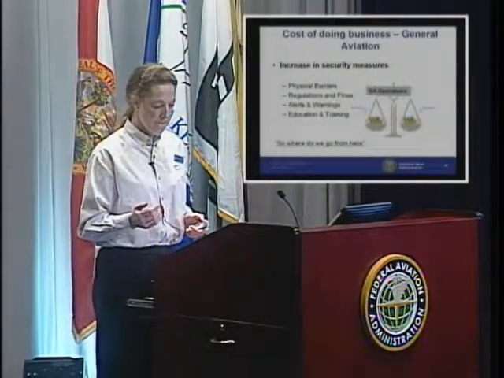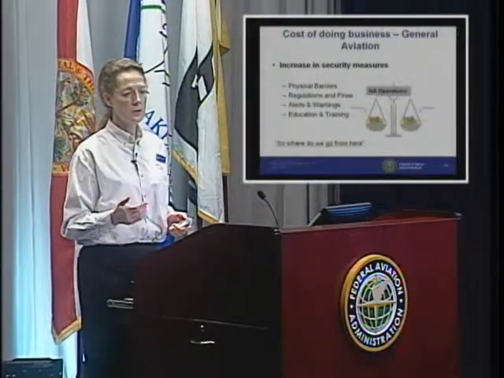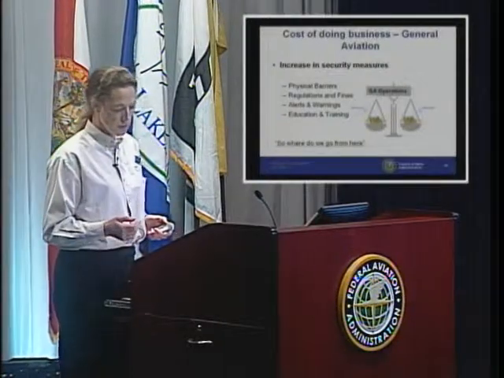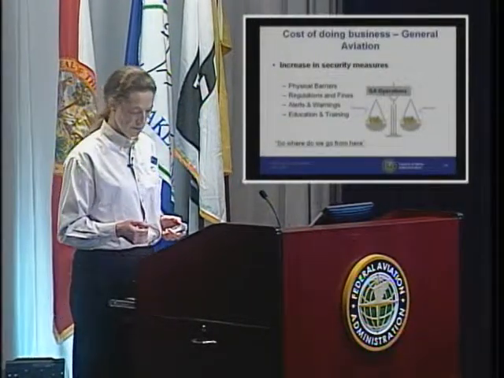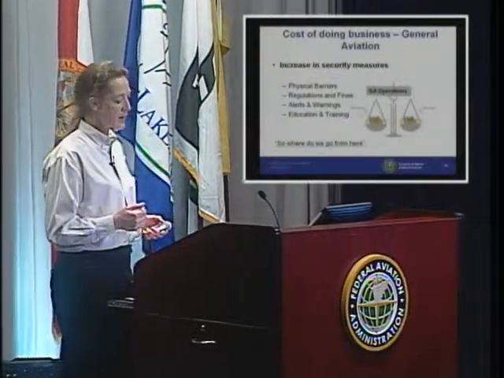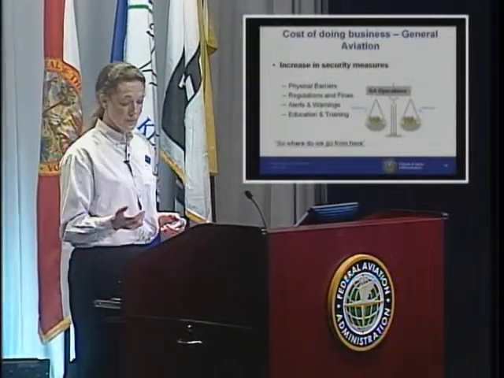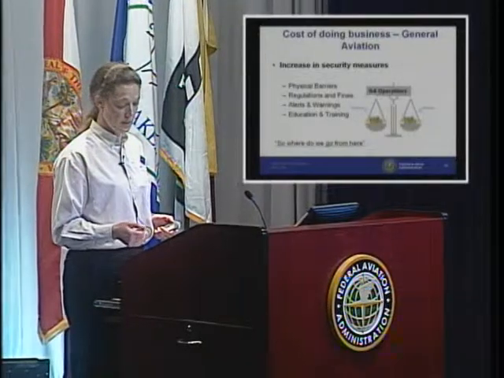However, security, that is, the Department of Homeland Security, is treating any inadvertent entry into that airspace as a potential threat to national security, and is willing to pay a high price to eliminate and reduce the possibility of inadvertent entry.